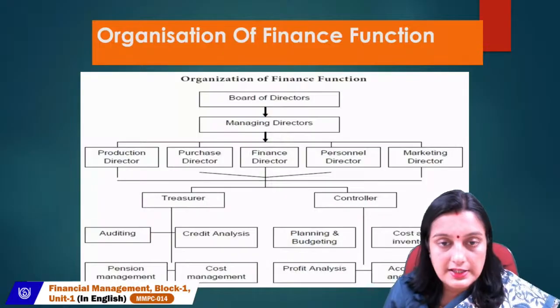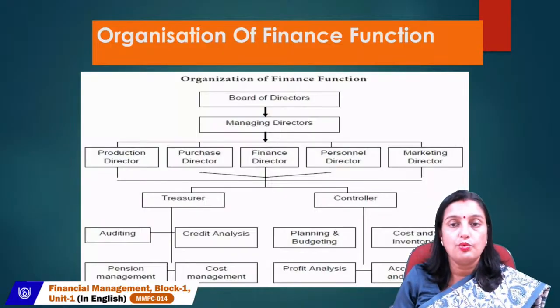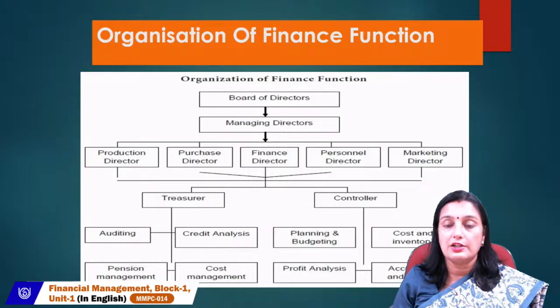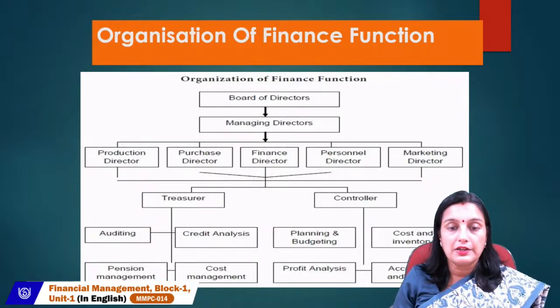Now, in this slide, I am going to explain how the financial management or finance manager functions in any business organization. So what is the organization of the finance function? It starts from the board of directors, delegating the responsibility to managing directors, and then the managing directors delegate the responsibility to the different departments like production director, purchase director, finance director, personnel director, marketing director.